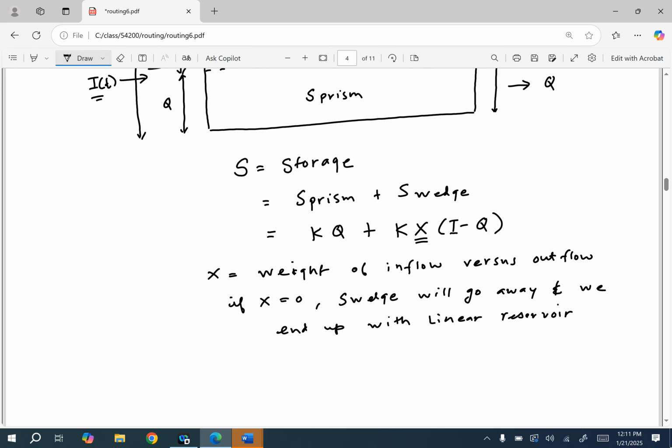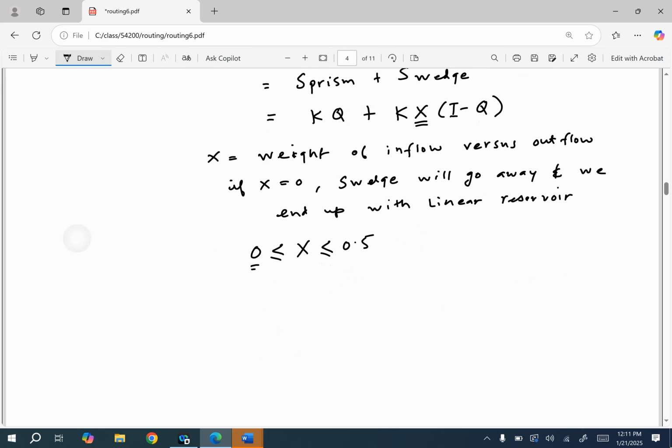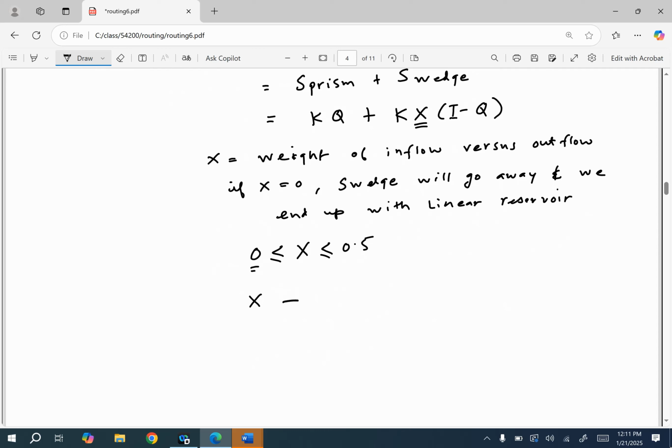Now you may ask what value of X we should use. X is usually between 0 and 0.5, and as I said, when it is 0, it is a linear reservoir problem, and the max you can get is 0.5, but most typically X has a value between 0.1 to 0.3. Okay, and we will see this when we try to derive a value for X by using observed data.